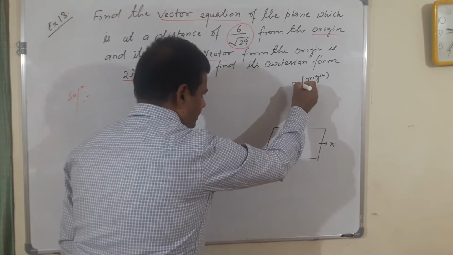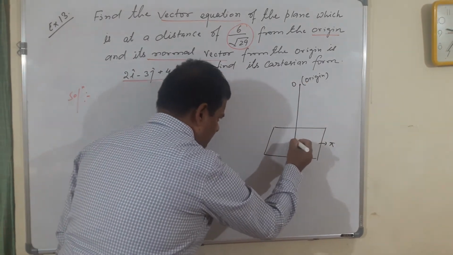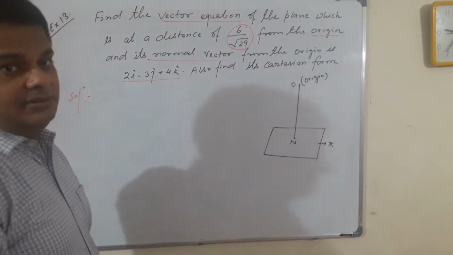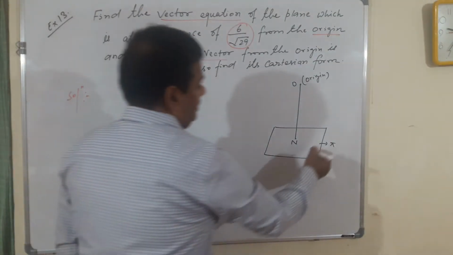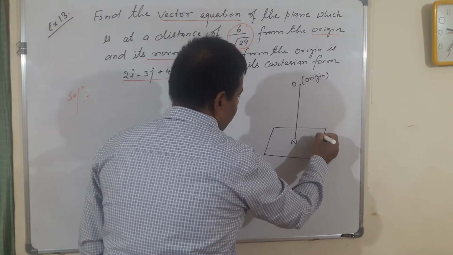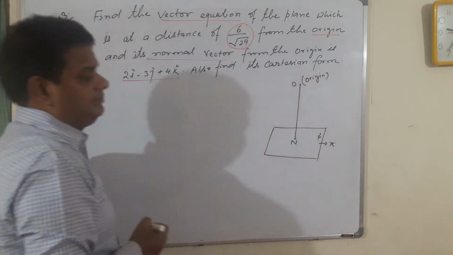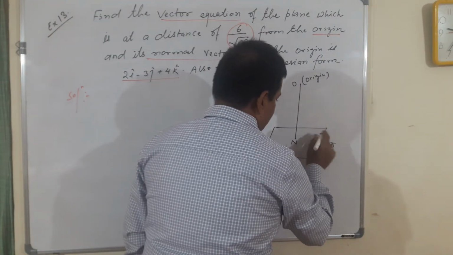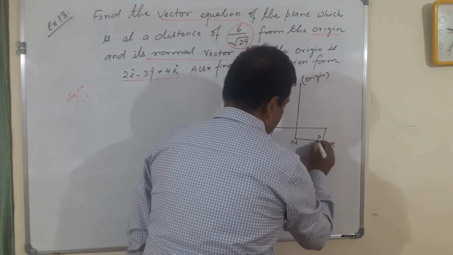And I am drawing a perpendicular here, ON. ON is perpendicular to the plane, and P is any arbitrary point. So join P, any arbitrary point.